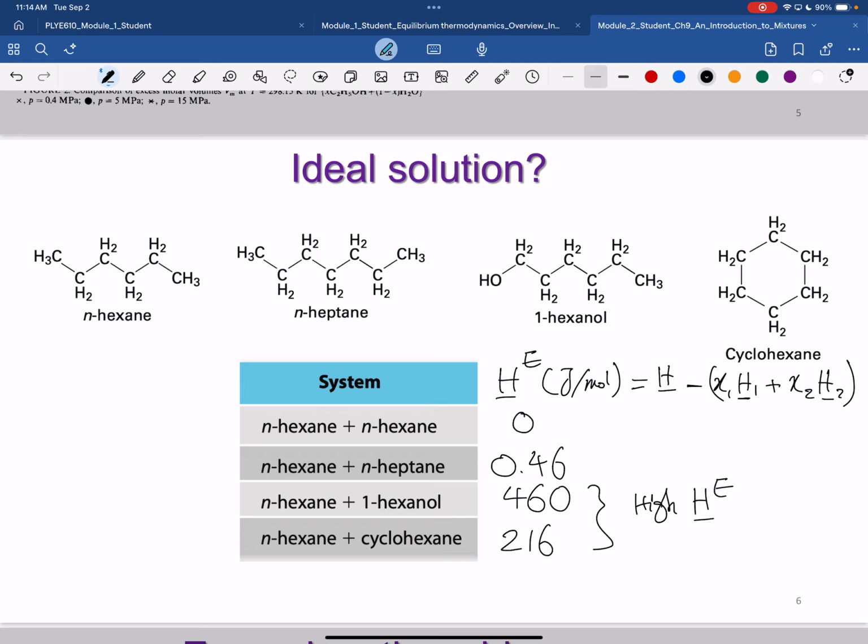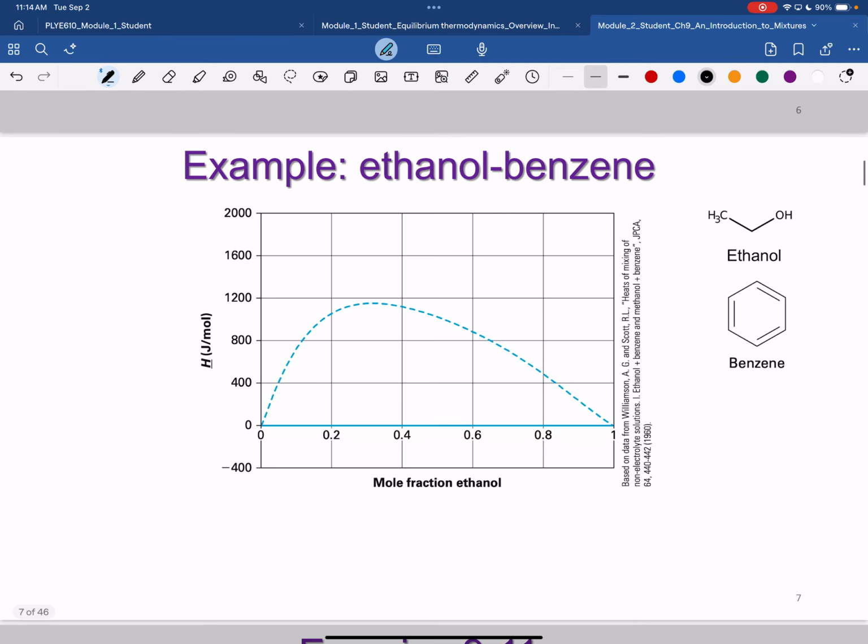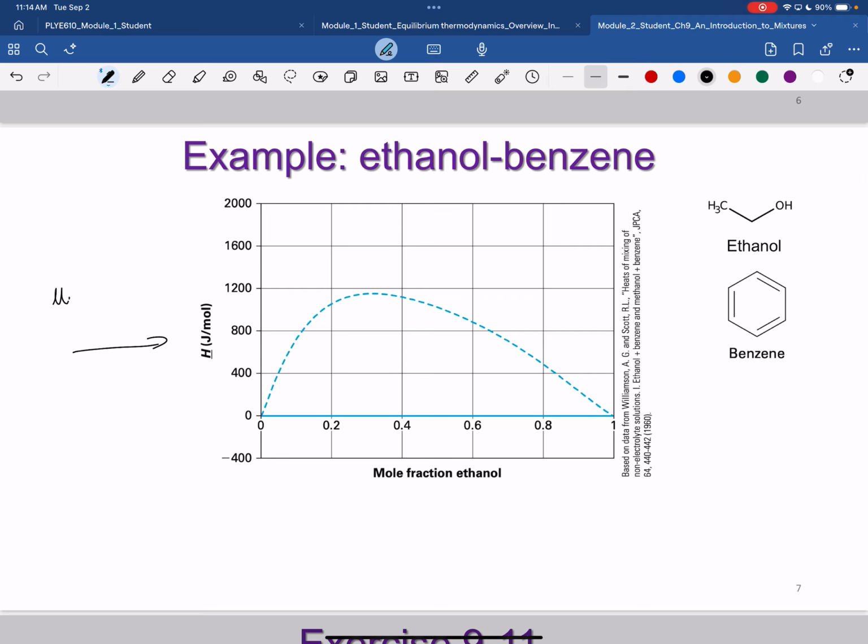Okay, so let's look at another example here. This is the example for ethanol and benzene. So you have the molar enthalpy of the liquid mixture as a function of the mole fraction of ethanol.